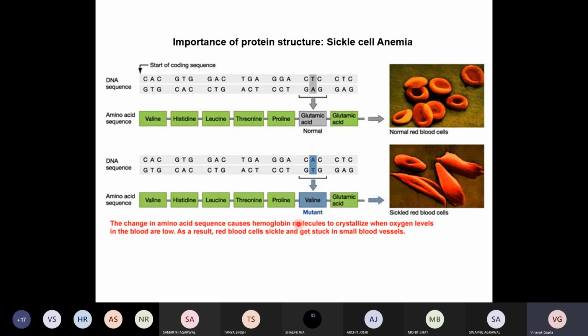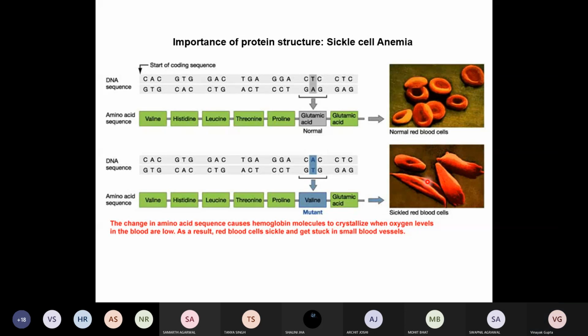And since hemoglobin is the major protein present in RBC, the structure of the RBC itself is going to change. That's why the RBCs, which were initially round in shape, now become sickle shaped, which you are seeing here.